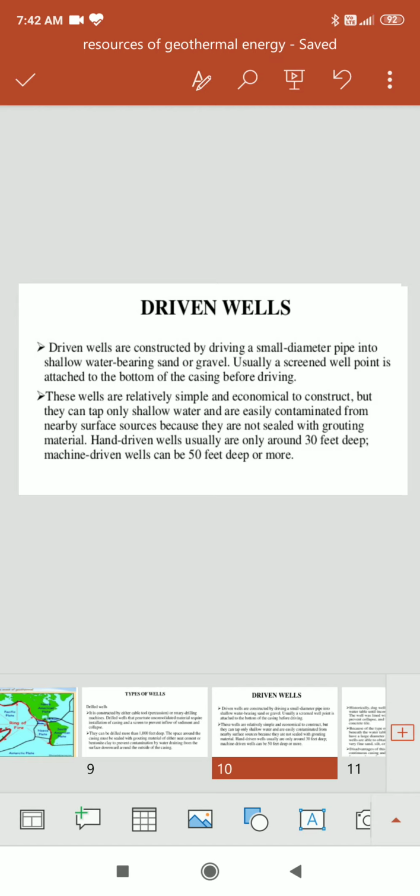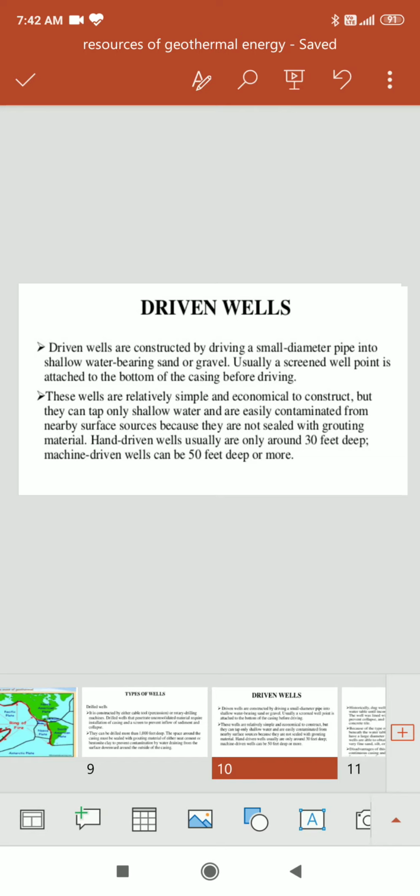Shallow is nothing but the depth is very little. This type of driven well has only 50 feet or more, whereas if we consider drilled wells, they have 1000 feet or more.